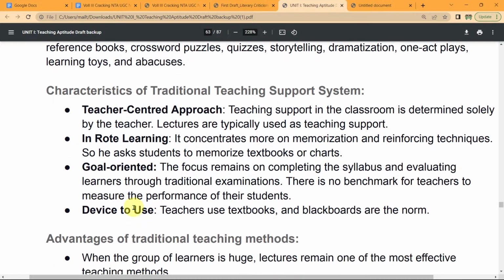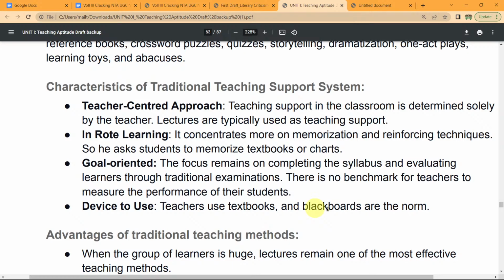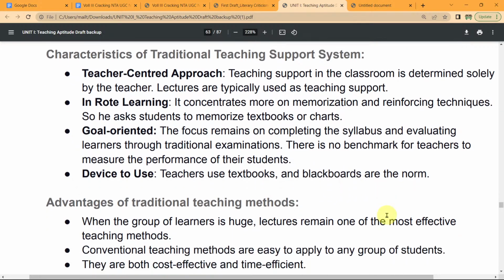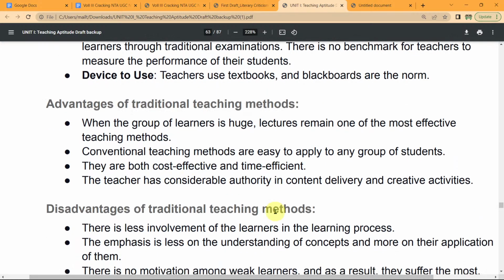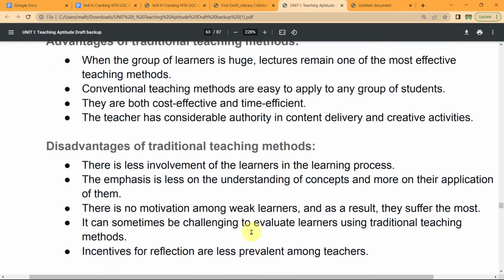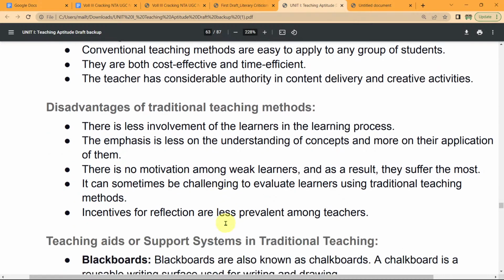Goal-oriented devices used are textbook, blackboard and other things. Advantage: simple, and it remains one of the most effective teaching methods in old times, and it is also cost-effective and time-efficient. Disadvantage: there is less involvement of the learner in the learning process.